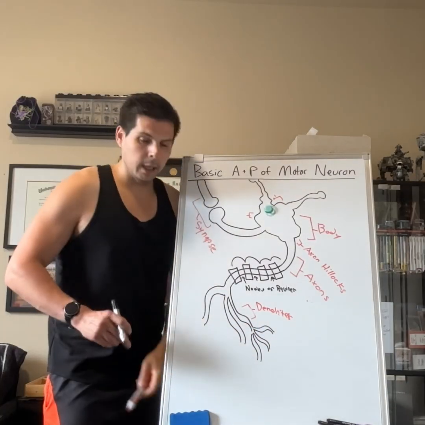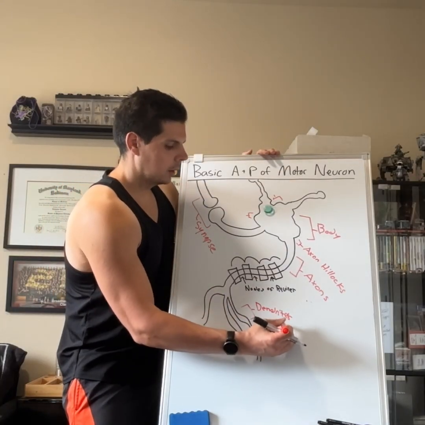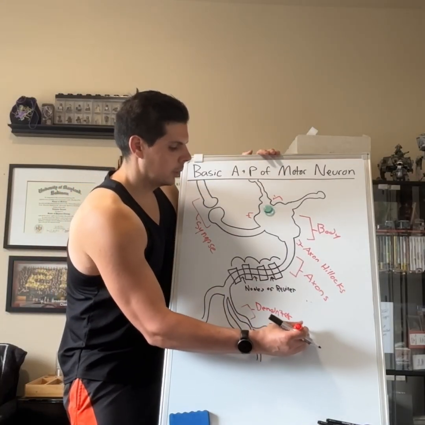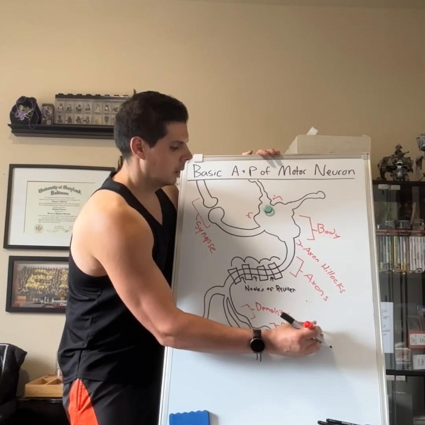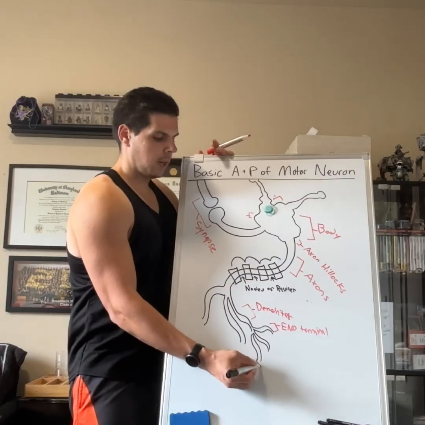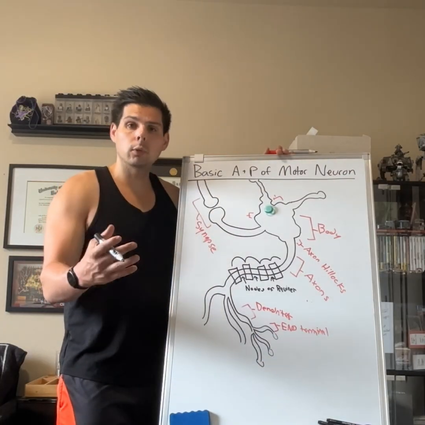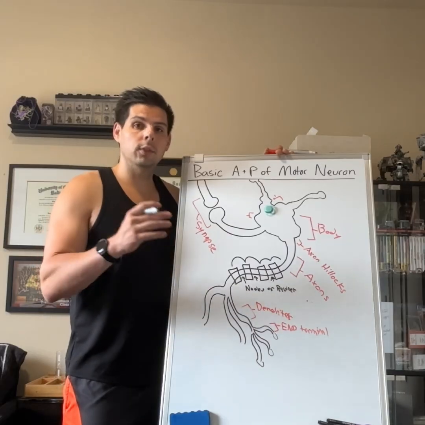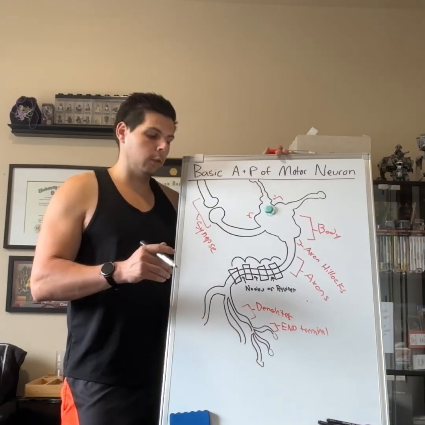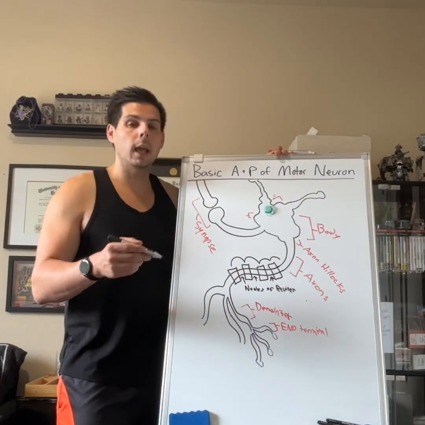And these tentacle-like projections at the end of the dendrites are the terminal branches. And at the end of these terminal branches, this is where we find the synaptic knob. And the synaptic knob is going to interface with the target muscle, forming the synapse.